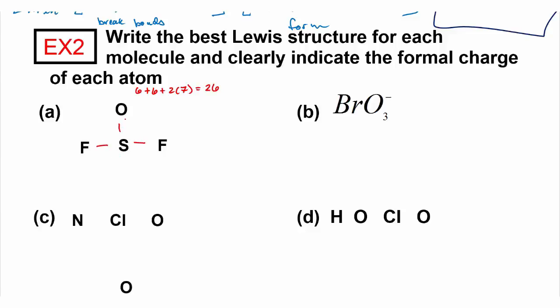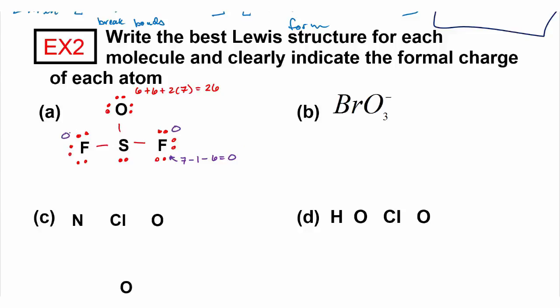So if I connect everything, make octets on all the surrounding atoms. Anything left over, I'll put on the center atom. Let's see if I used too many here. So I have 8 times 3 is 24. 2 more, make it 30. If I calculate my formal charges for the fluorines, 7 valence minus 1 bond minus 6 electrons, it's 0.